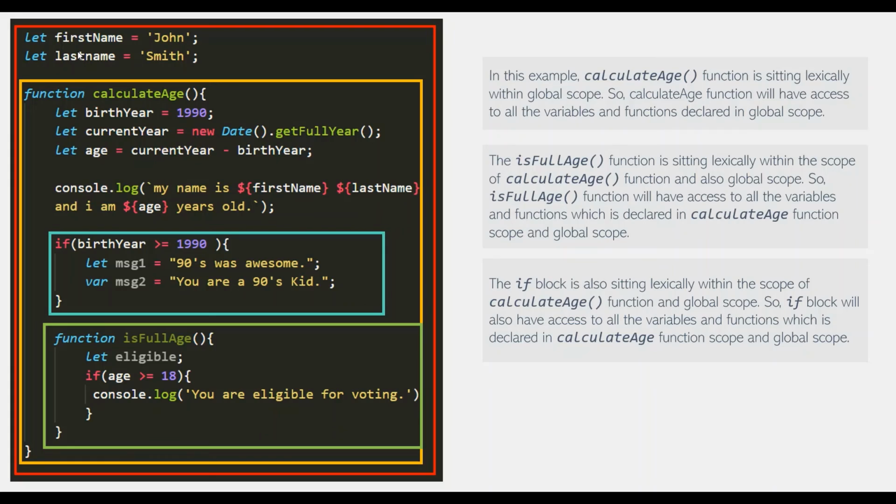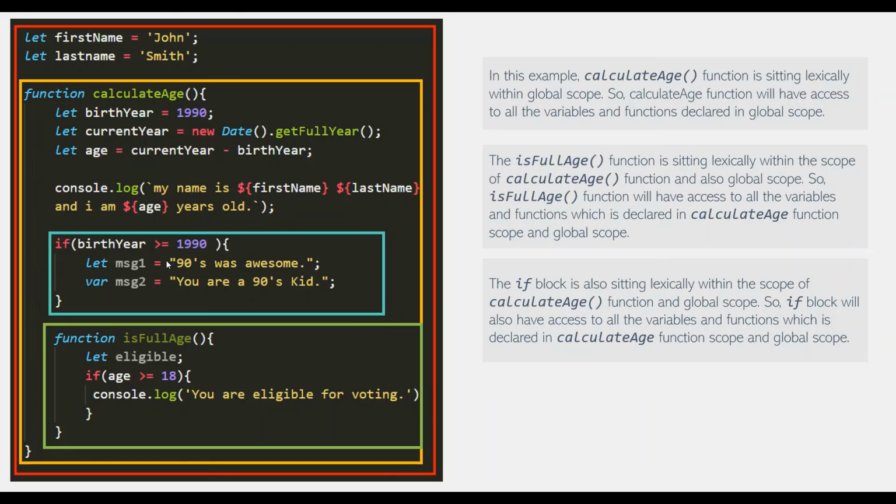So the if block will also have access to all the variables and functions declared in its parent scope. For this if block also, the parent scope is the calculateAge function and the global scope. So inside this if block, we can use all the variables declared inside calculateAge and also all the global variables and functions.